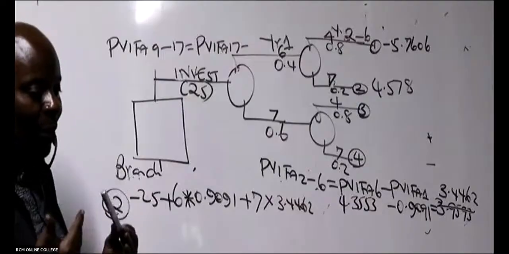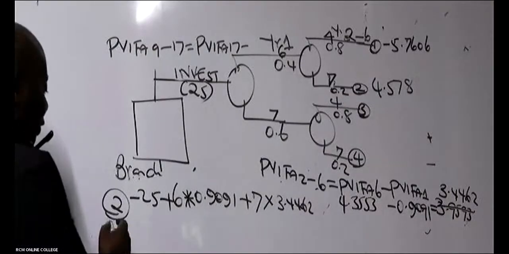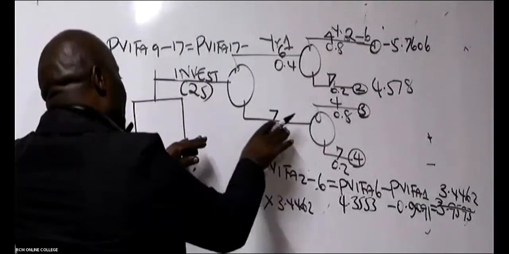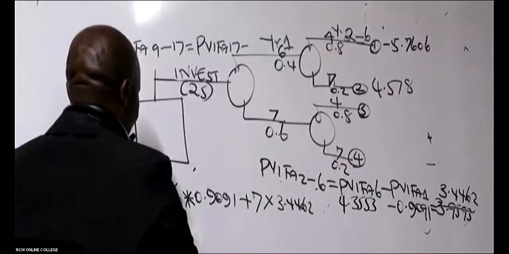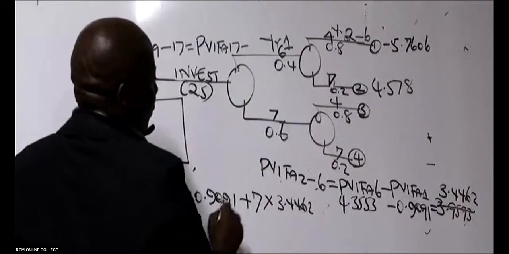Give me the NPV for branch 3. Just try, be proactive. Remember, we are moving along our road. For branch 3, I'm seeing minus 25 plus 7.